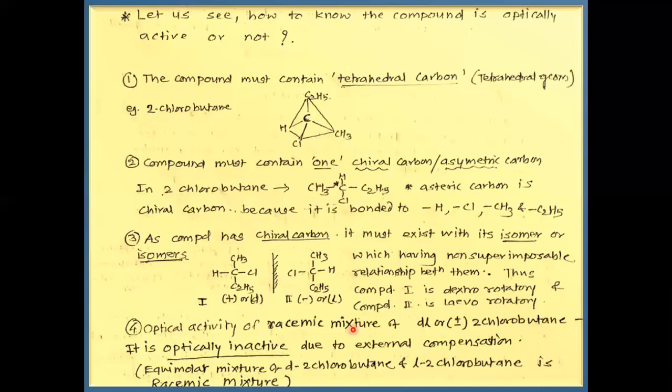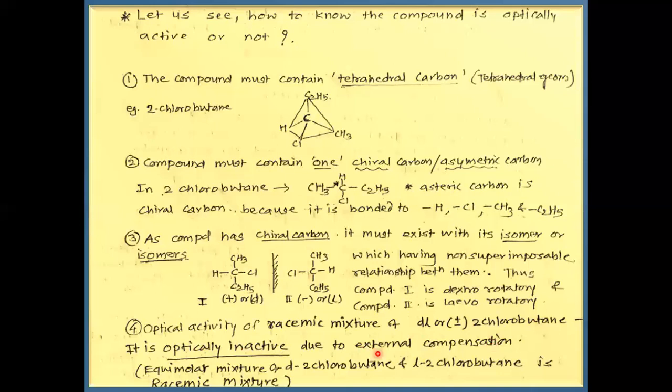Then the optical activity of the racemic mixture of DL or plus-minus 2-chlorobutane. If 50% dextro 2-chlorobutane and 50% levo 2-chlorobutane are mixed with each other, then the obtained mixture is DL 2-chlorobutane or plus-minus 2-chlorobutane. It is optically inactive due to external compensation.